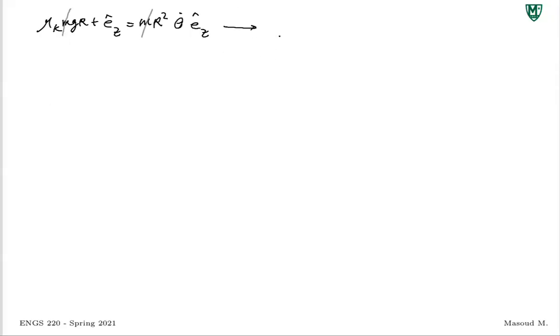Right, and from there you will get mu K is equal to R squared theta dot over g R T. You can also cancel one R from both sides. You will get R theta dot over g T. R is 0.5 times theta dot is 20 meter per second. g equals g.